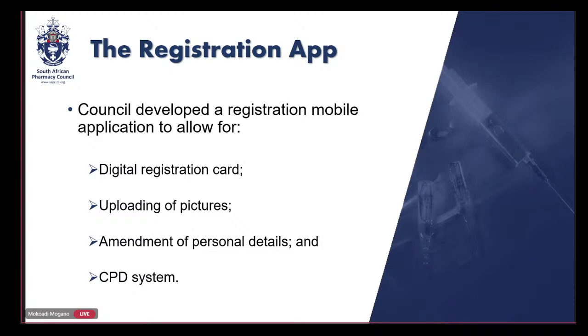You can't change your ID number. So these are some of the things that you can't change. You can change your physical address, telephone number, email address. Please, if they have changed, please go onto the app or the website and update them for us, because we use them to communicate important information to you. Right.